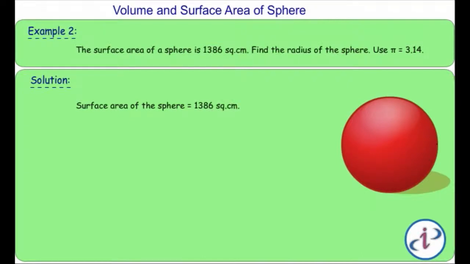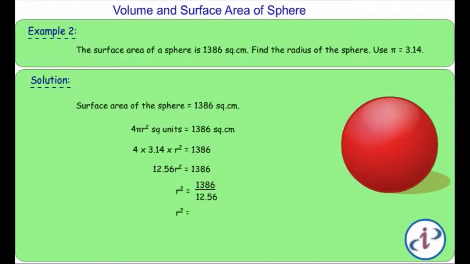We know the surface area of the sphere is given as 4 times pi r squared square units. On equating both the values and simplifying it, we get r squared is equal to 110.35. On further simplification, we get r is equal to 10.5 centimeters. Thus, the radius of the sphere is 10.5 centimeters.